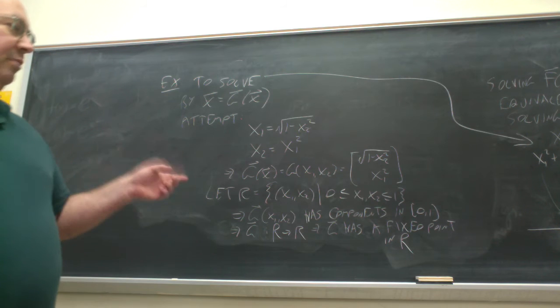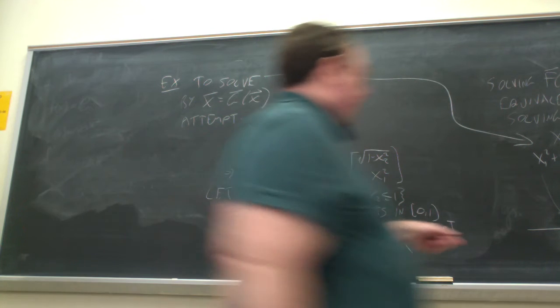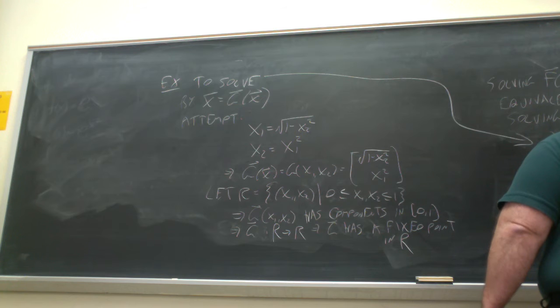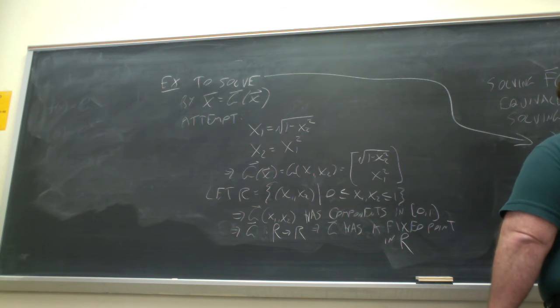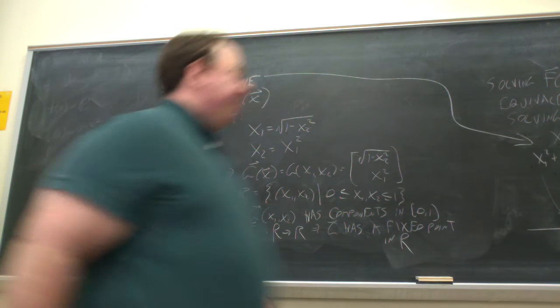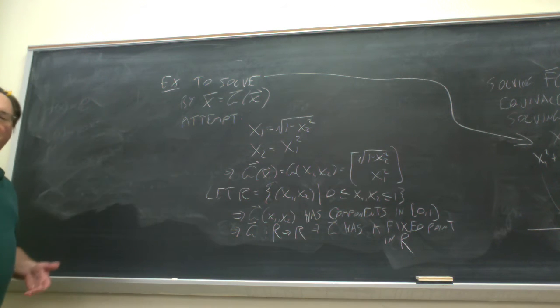And actually we can see that from the picture over here. This point is within that square that I'm outlining like crazy here. So we see from the graph that a solution exists.